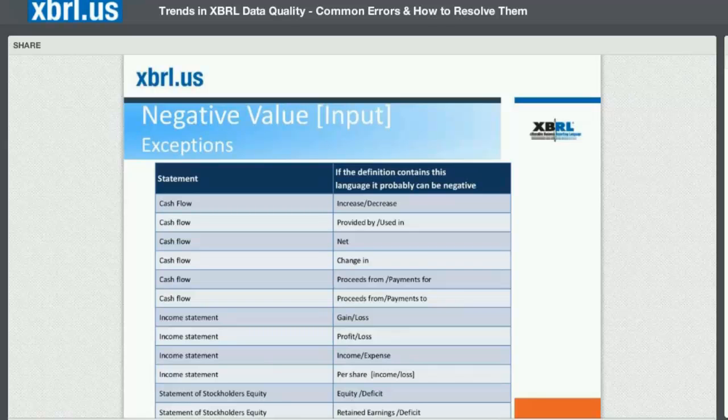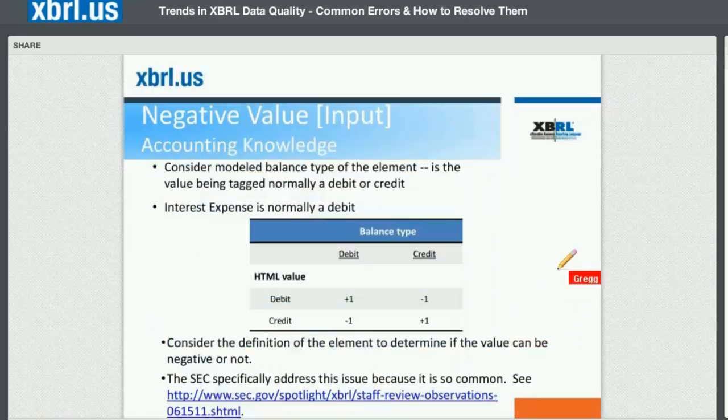So if you have a cash flow increase-decrease, and it's the increase-decrease in an asset account, and it's a credit balance type, the increase in that asset would be a positive input. If the asset decreased in the cash flow movement, that would be the negative input. So again, it's really just a logical understanding and an application of your accounting and financial reporting experience.